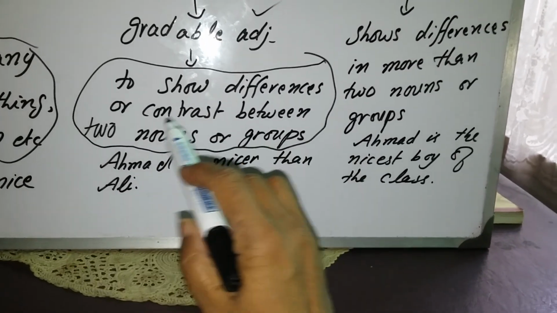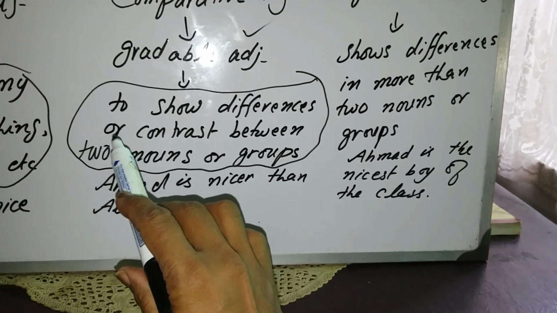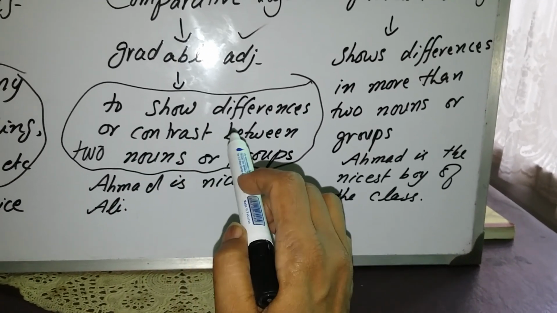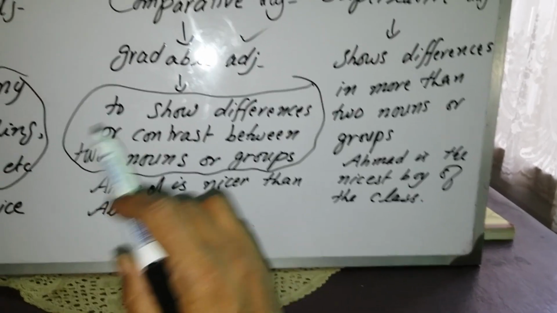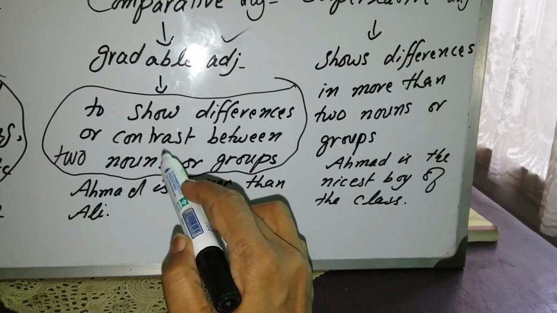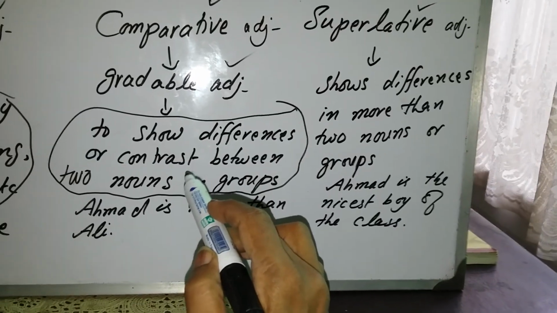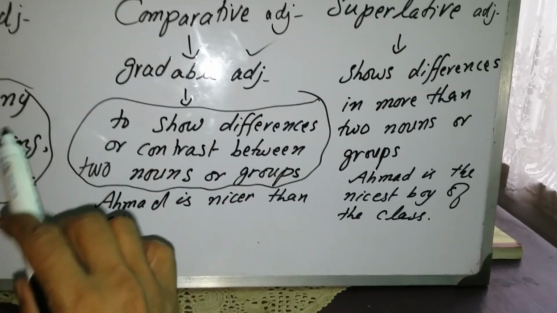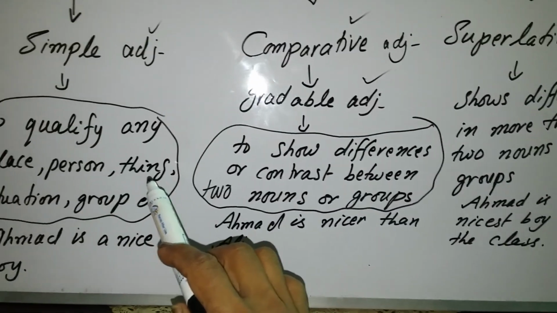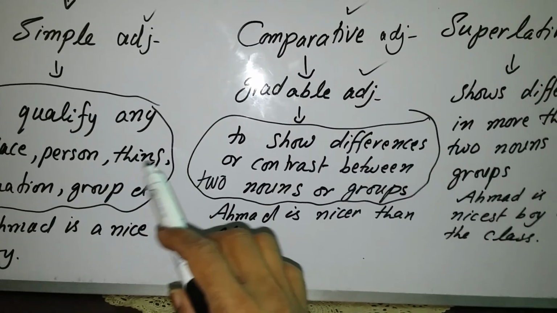For example, Pakistan is more beautiful than India. Ali is less intelligent than Ahmed. Or this table is bigger than that table.